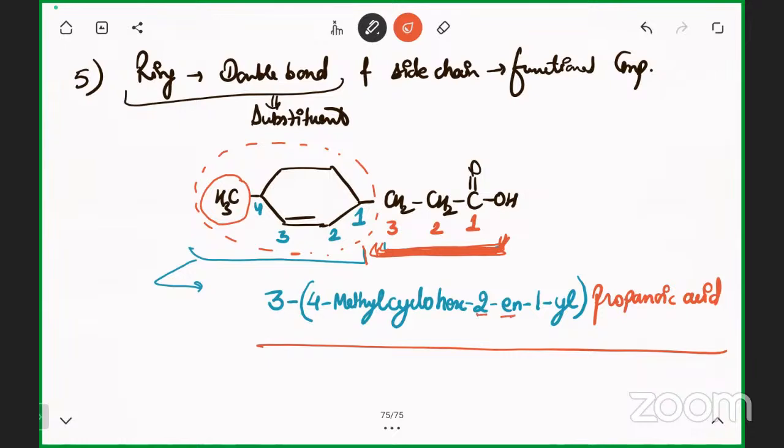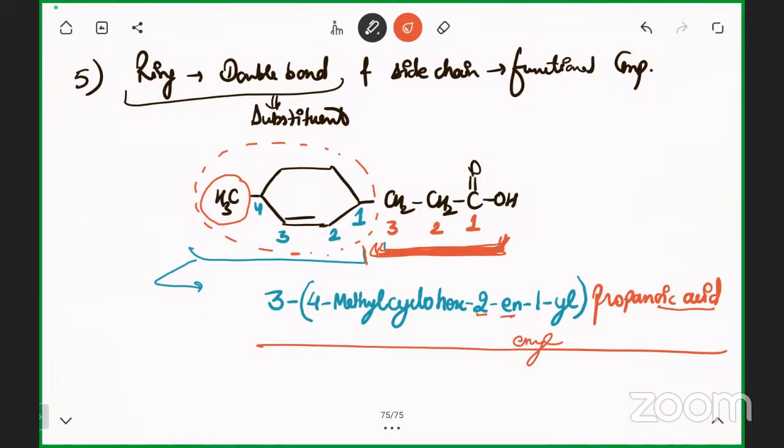On the 1st position, it is considered a side chain. If you don't use 1-yl, you can directly use enyl. It's okay. And at the last, 3 carbon, propane. And just because of the COOH group, I used oic acid, propanoic acid. Step by step, you have to go.